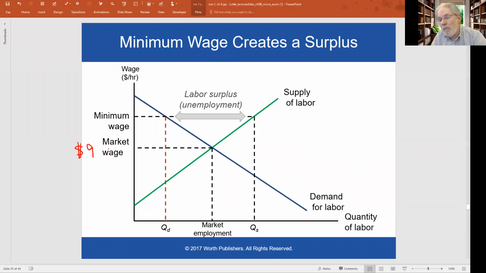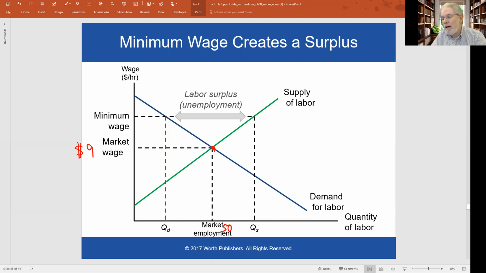Okay, so read over to the demand curve and read down. Let's say that that is 50,000 workers. Okay, what does that point on the demand curve tell you? It tells you two things. If the wage rate is $9, then businesses will want to hire 50,000 workers. That is the quantity demanded of this type of worker.